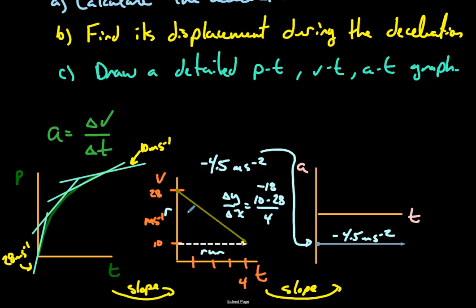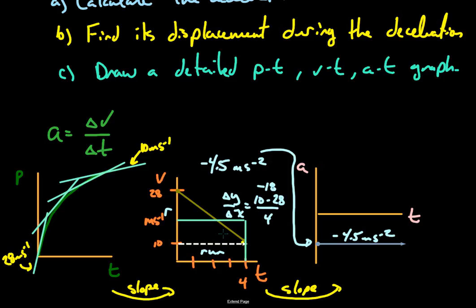Now we've got the acceleration figured out. How much distance was covered while this happened? Last time we learned a method for dealing with that: take the average velocity and find the area underneath.